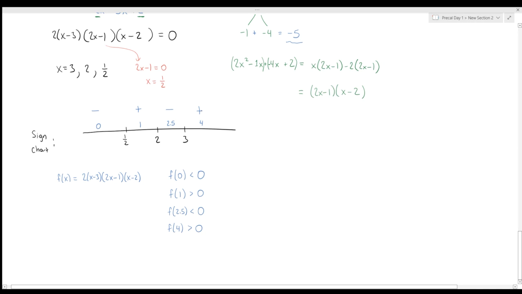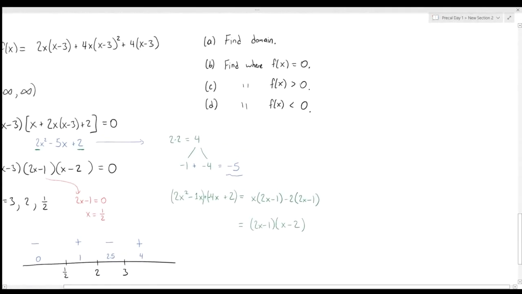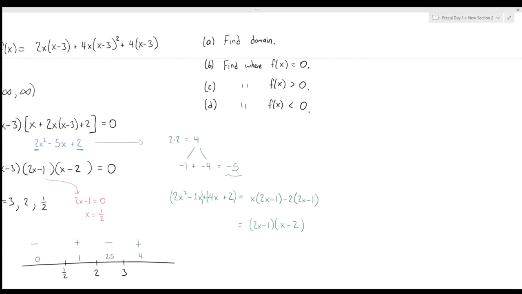Okay. So then finally, we can answer where the function was positive and negative. So this function would have been positive in the interval 1/2 to 2, as well as in the interval 3 to infinity.